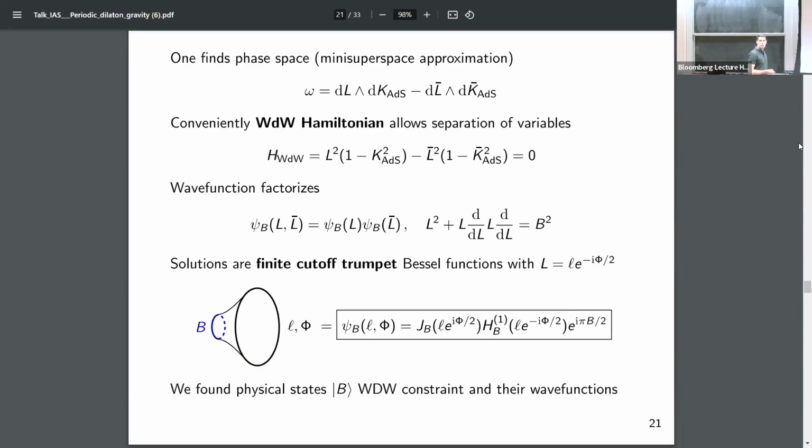Are you identifying B and L only after you do the quantization, since you just said before that L is only positive definite after you do the gauging? So this is all after the gauging, right? This is prior to gauging. This is prior, but then you were saying before that L, the way you were defining L, it could be negative infinity.